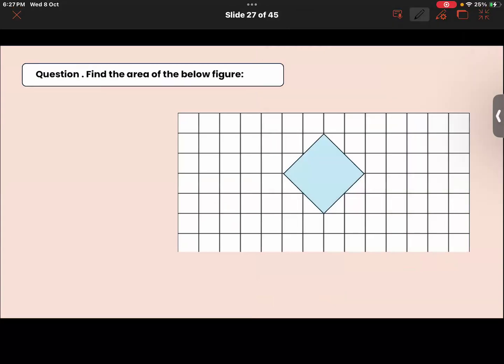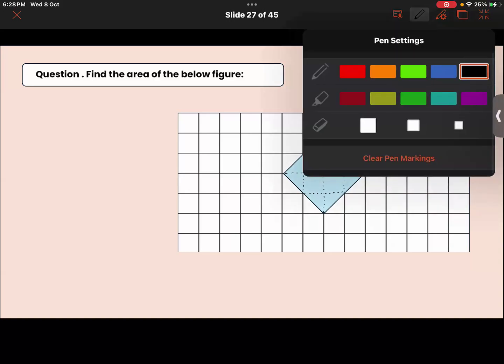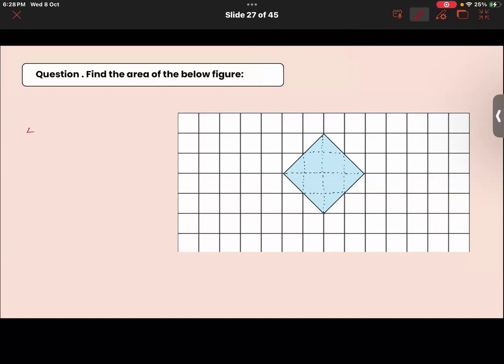Now try to figure out the area of this figure here. The blue one actually. 4 full squares and 8 half squares.